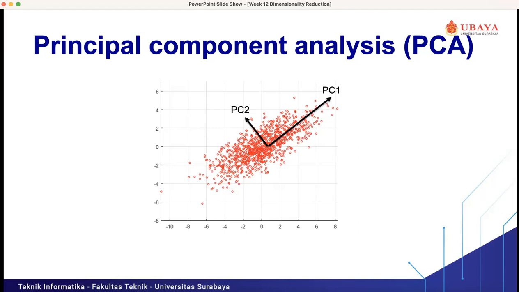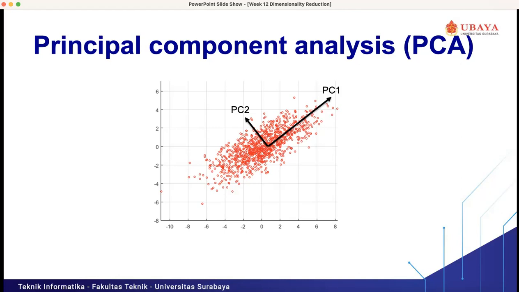If we transform the original features into new ones and the dimension is still the same, we will have done nothing, right? So that's why we call it dimensionality reduction. We reduce the dimension of the features.